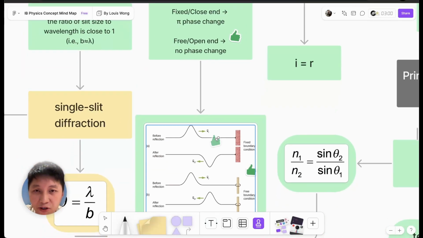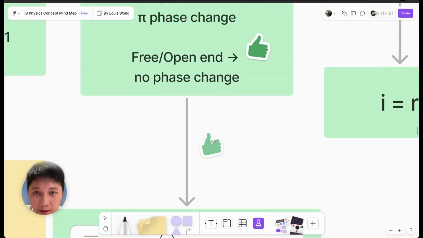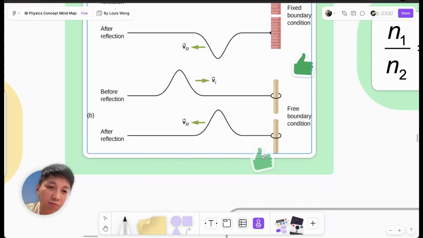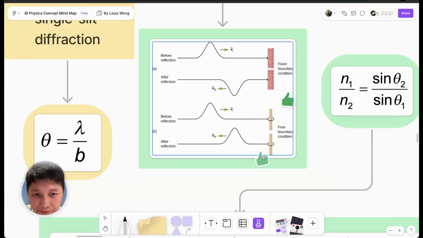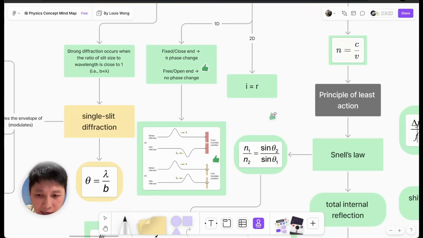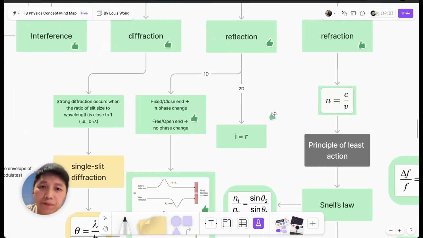Pi phase change means literally inverted, as you can see in this diagram. While for a free or open end, it will more or less continue moving, but just changing the horizontal direction. If you're wondering why this is the case, in fact this can easily be explained by Newton's third law.